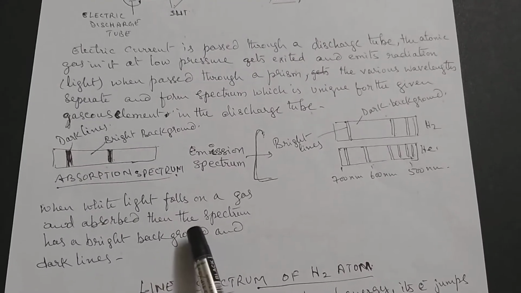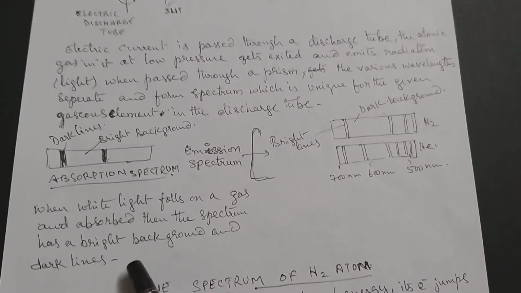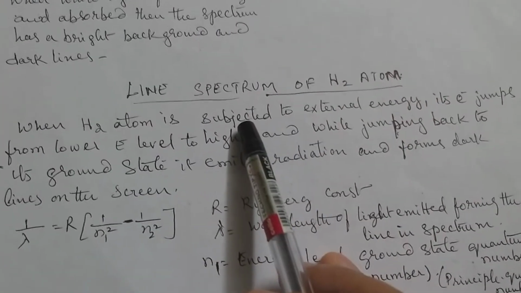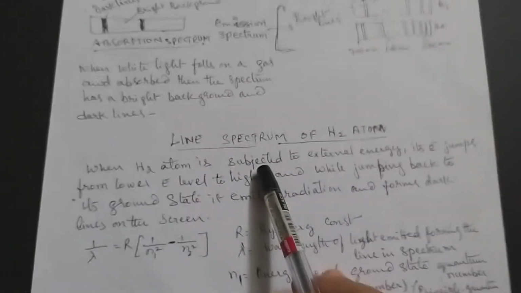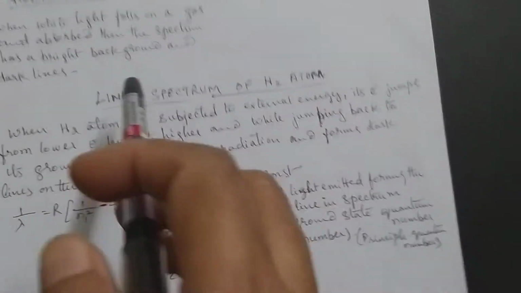When white light falls on a gas and is absorbed, the spectrum has a bright background and dark lines. So both these types of spectra are utilized for studying the gaseous substance inside the discharge tube.